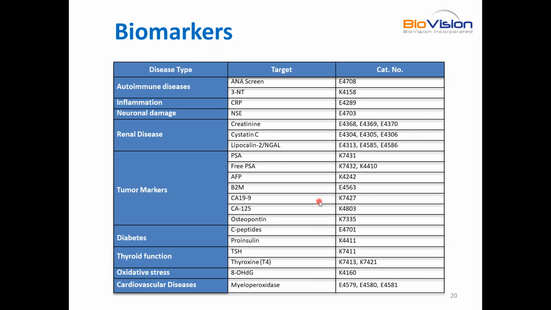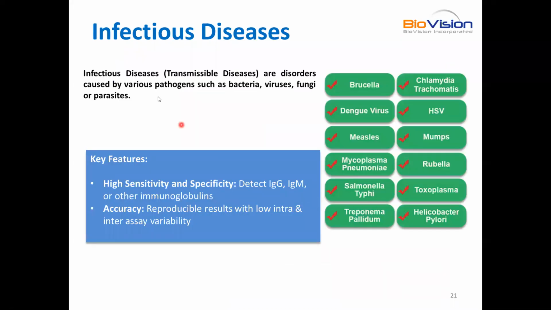And next is our ELISA kit category of infectious diseases. We all know that infectious diseases, also known as transmissible diseases, are disorders caused by various pathogens such as bacteria, viruses, fungi, and parasites.